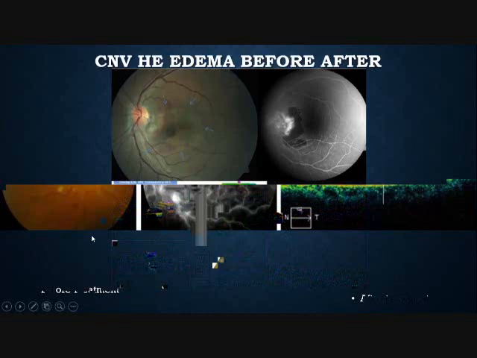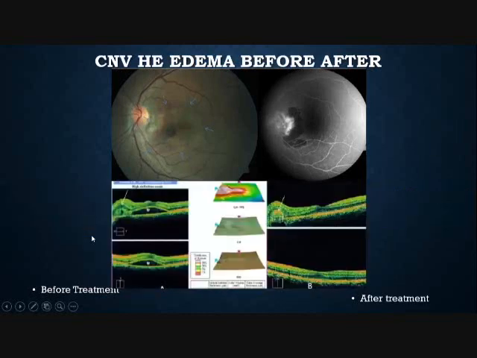So this is an example of CNV with macular edema, this is before and this is after. After treatment, the cellular component has disappeared.